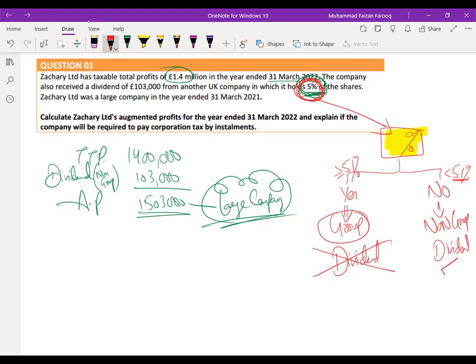If it is 51 or above, the dividend will be ignored. We are not going to take the dividend in AP working. But if the percentage is less than 51%, which happened in this Zachary Limited question, it is 5%, so we took the dividend as a part of AP working. Any questions? No questions.